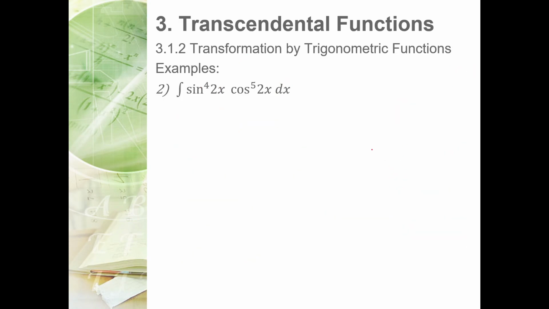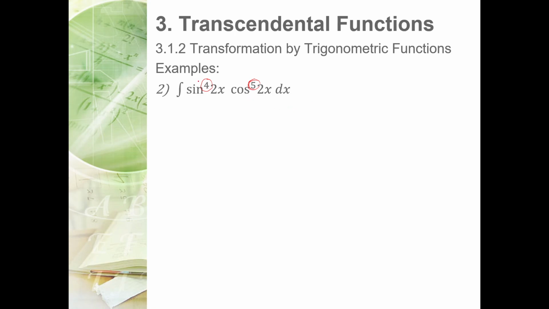So we now go to the integral of sine to the power of 4 2x times cosine to the power of 5 2x dx. Notice that the exponent of the sine function is an even number. Then for the cosine, that's an odd number.